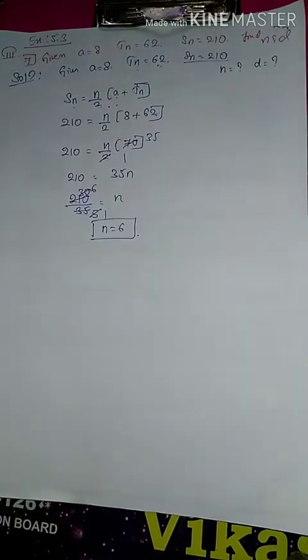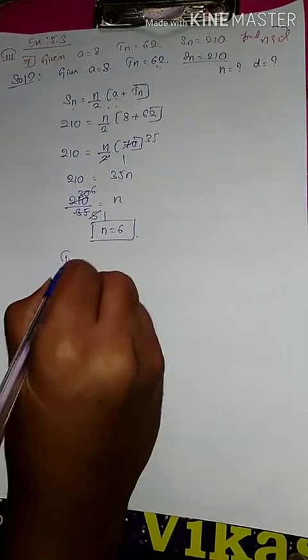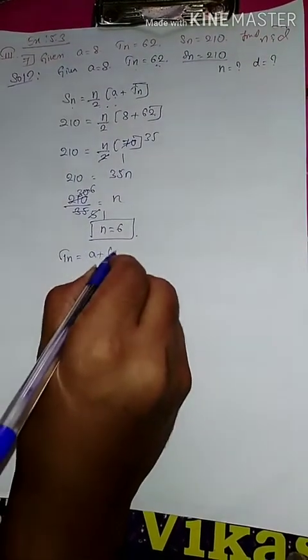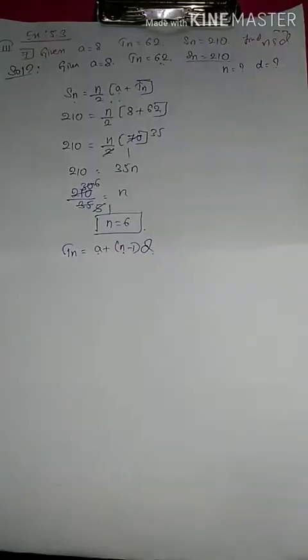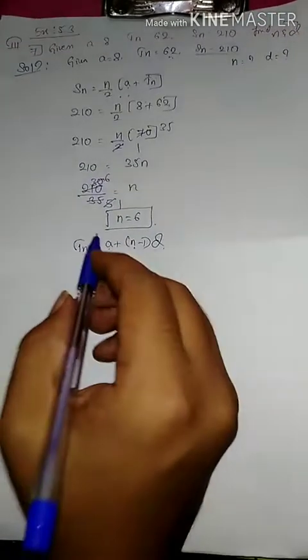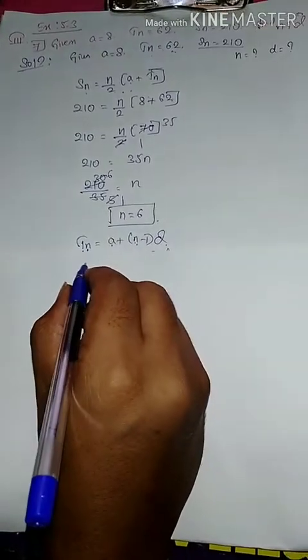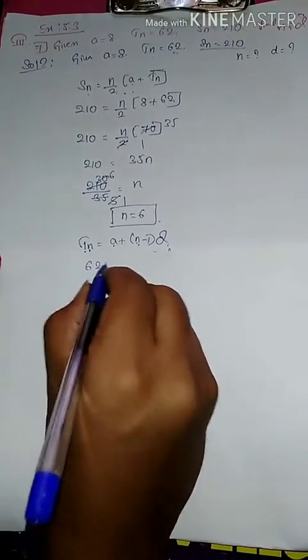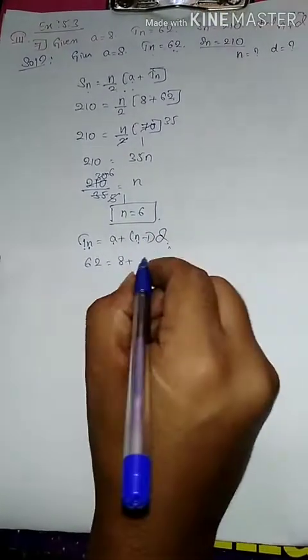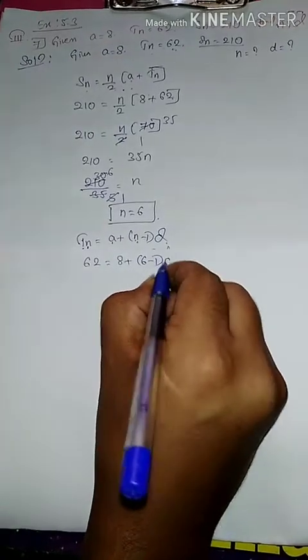Now find the d value using the formula Tn is equal to a plus (n minus 1) into d. Put the Tn, a and n values in this formula. We know Tn is given as 62, so 62 is equal to 8 plus (6 minus 1) into d.